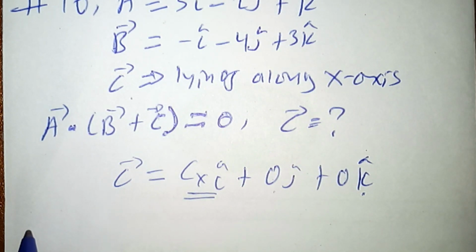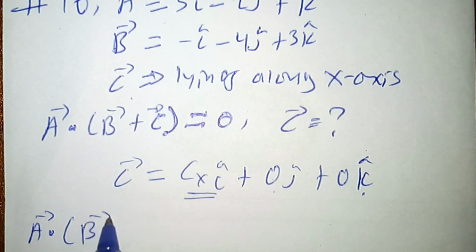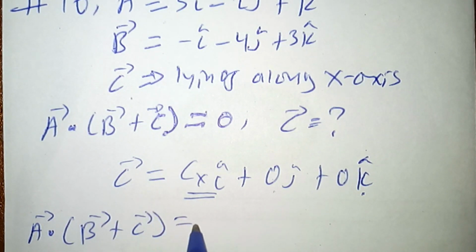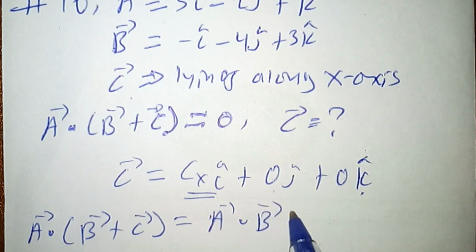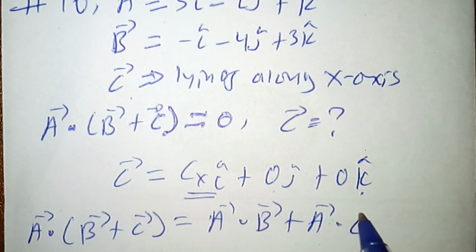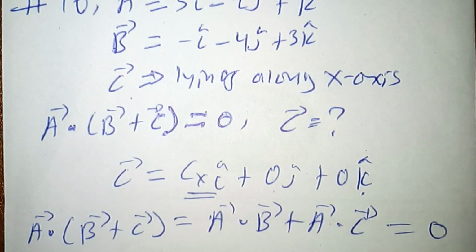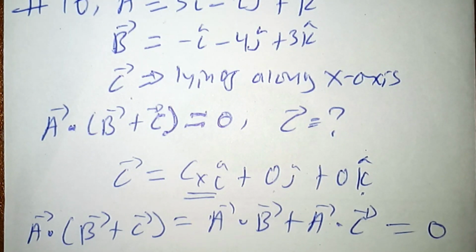So vector A dot (B plus C) is equal to A dot B plus A dot C from the distributive property, and this is equal to 0. We can find the value of vector C from this equation.